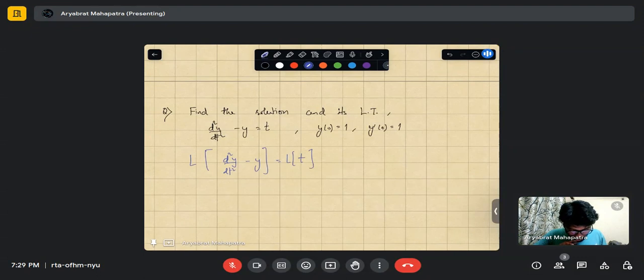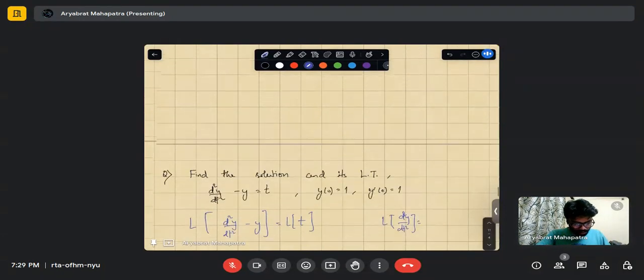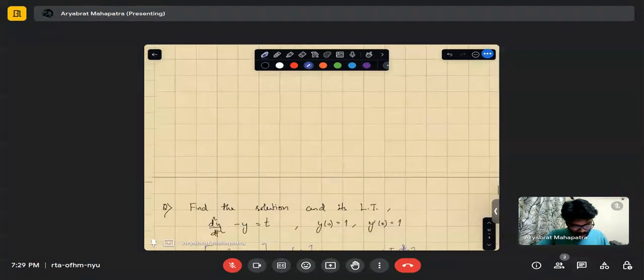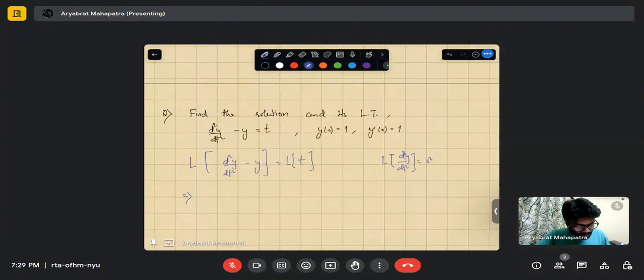After you take the Laplace transform, the Laplace transform of d square y by dt square will be, using this property, s square y of s minus s y of 0 minus y prime of 0.